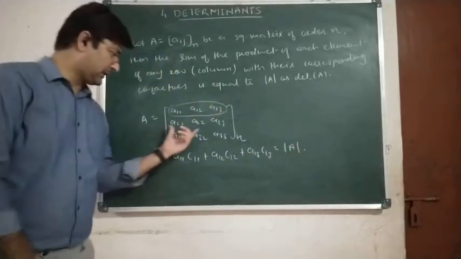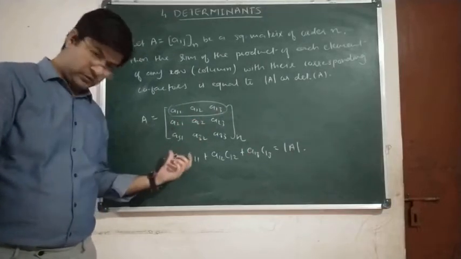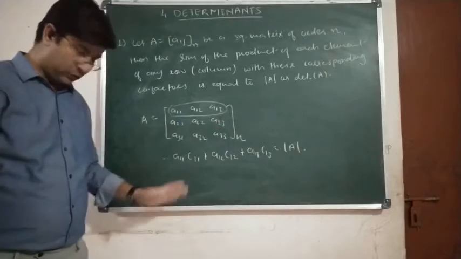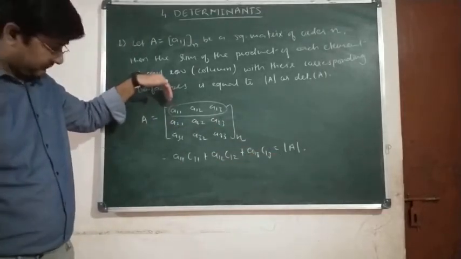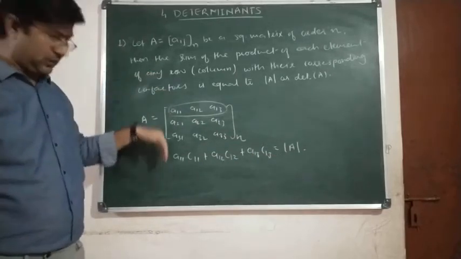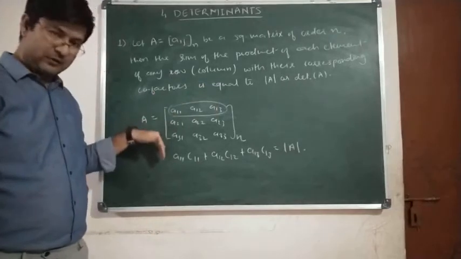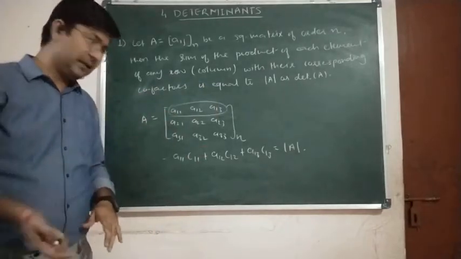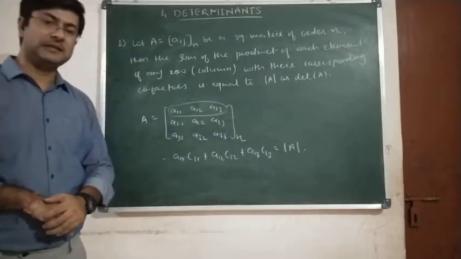Clear? Similarly, you can multiply each element of the second row with their corresponding cofactors and add, and you will also get determinant of A. Or if you take column-wise, the first column or second column or third column, you take any one column and multiply each element with the corresponding cofactors and add, then again you will get the determinant of A as the answer.